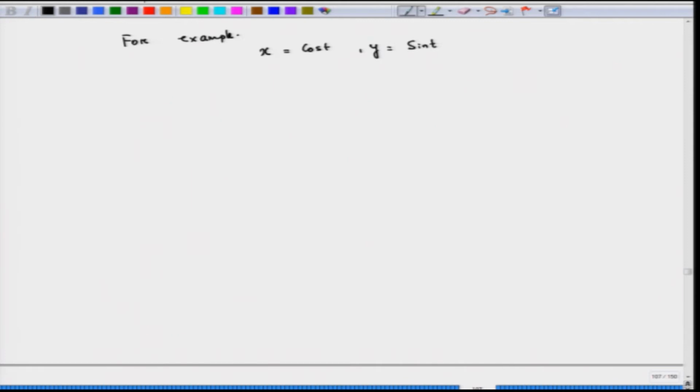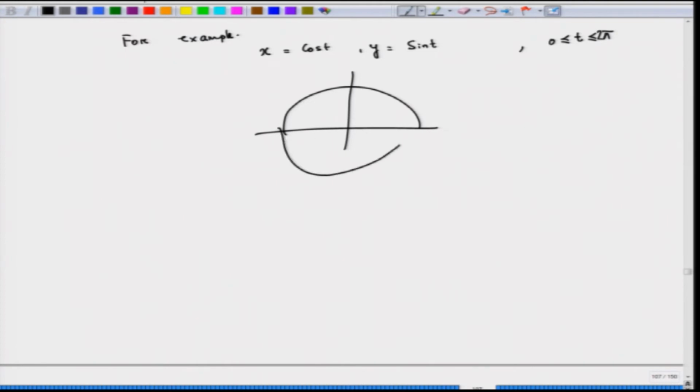The shape of this curve, as we know, if I look at the interval 0 less than or equal to t less than or equal to pi, is going to be a semicircle, or if I make it 2 pi, then this is going to be the full circle. So, now we would like to get the arc length of these parametric curves.